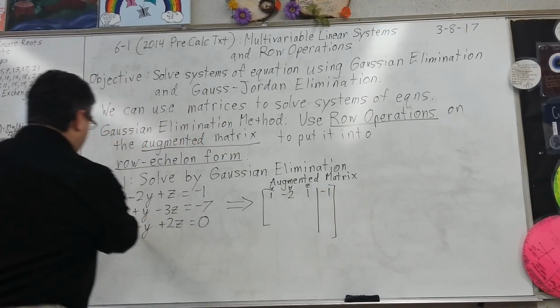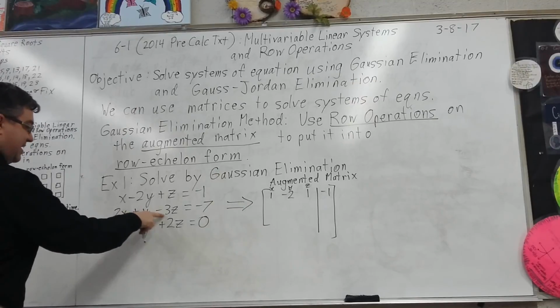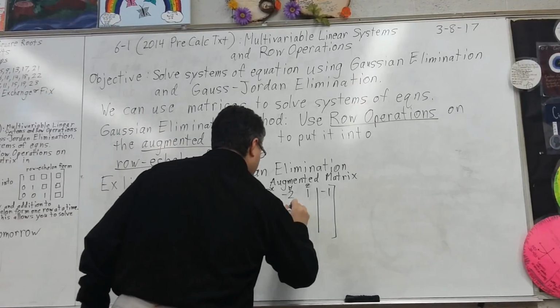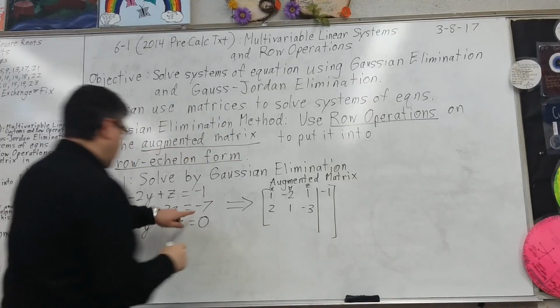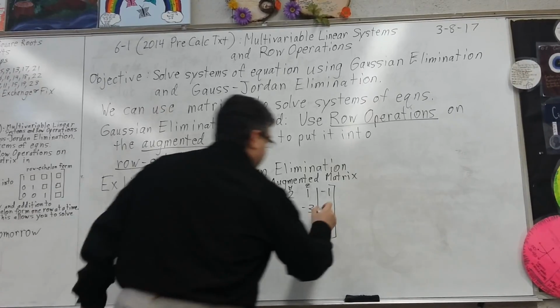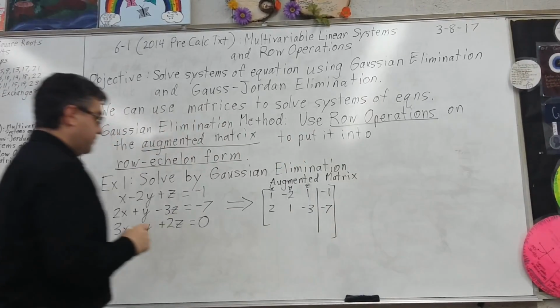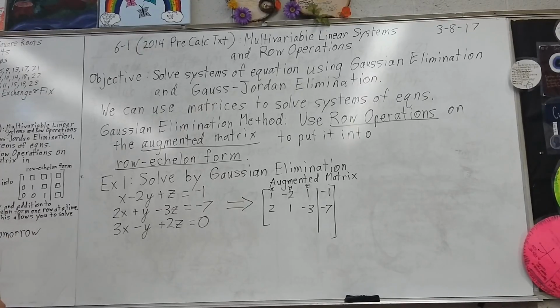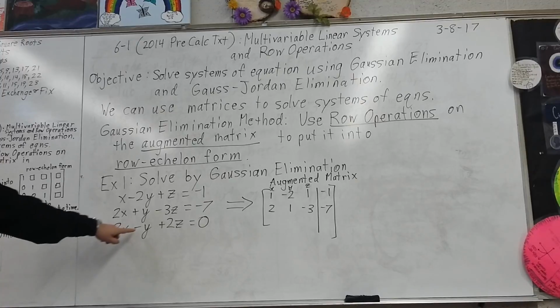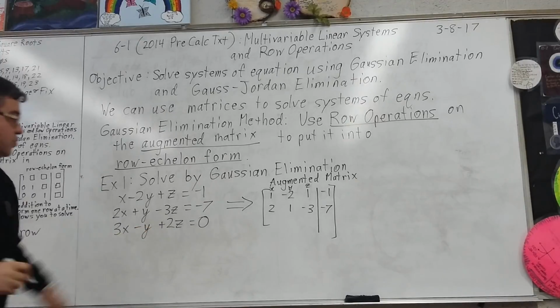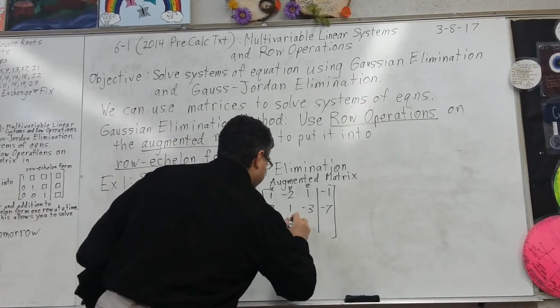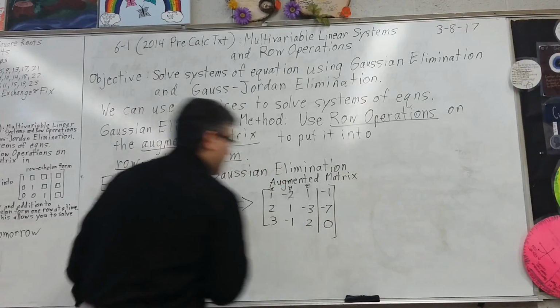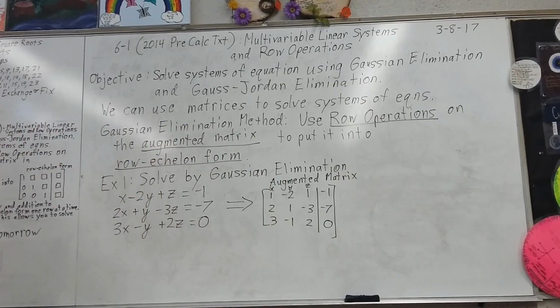So then we do the next one, 2, 1, -3, and in the answer column, -7. And then 3, -1, 2, and 0. And that is our augmented matrix.